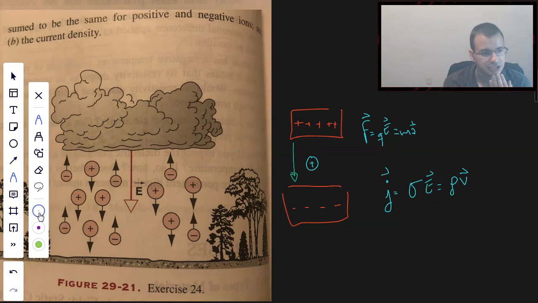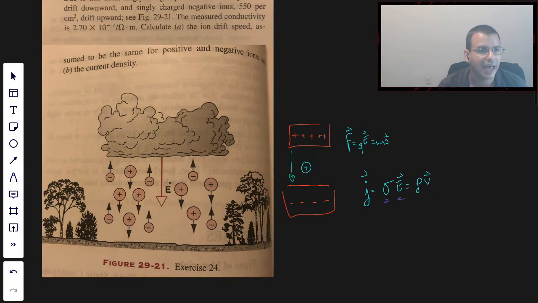So they give us the density and the electric field, and we want to find the drift speed, assumed to be the same for positive and negative. Since we assume it's the same for both of them, actually we're going to find the current density first.